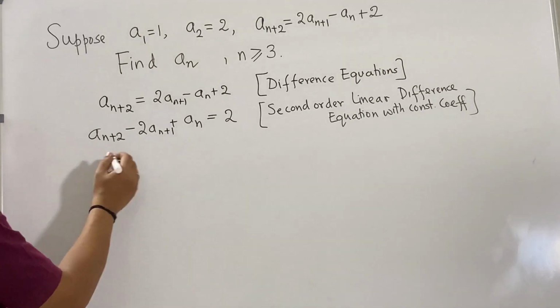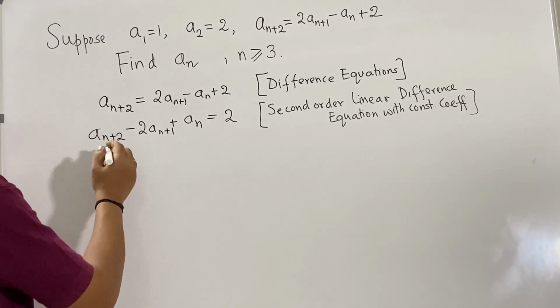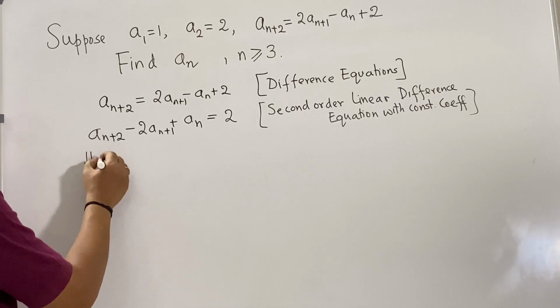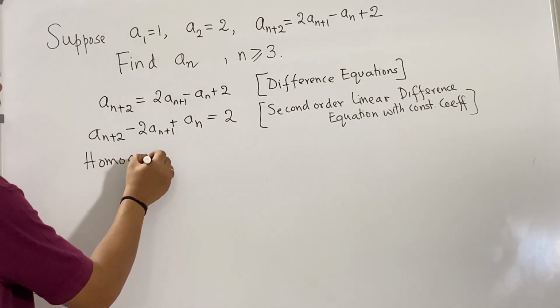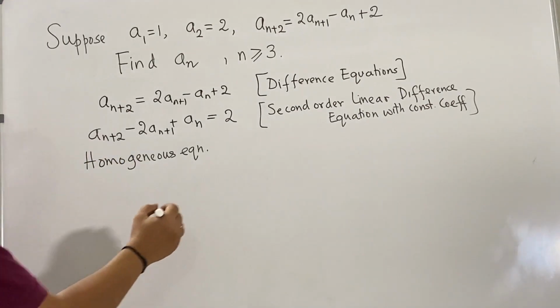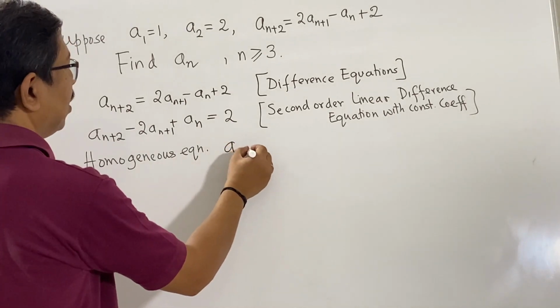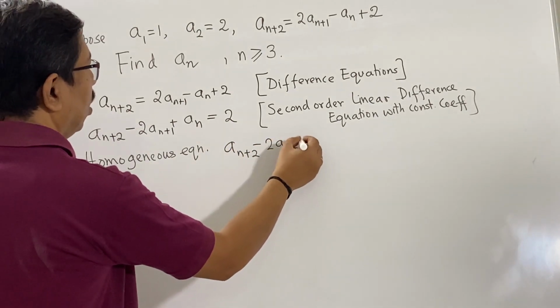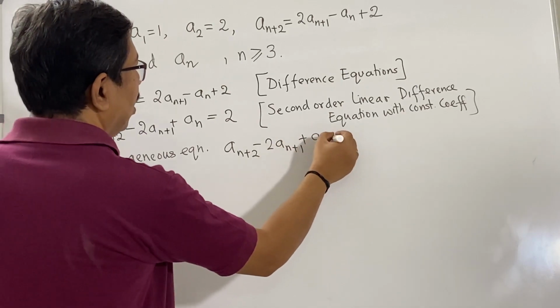Now, if the right hand side of such a second order linear difference equation with constant coefficients is equal to 0, then we call it a homogeneous equation. For this particular case, it is a(n+2) minus 2a(n+1) plus a(n) equal to 0.